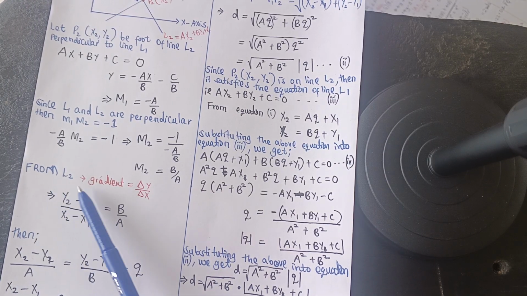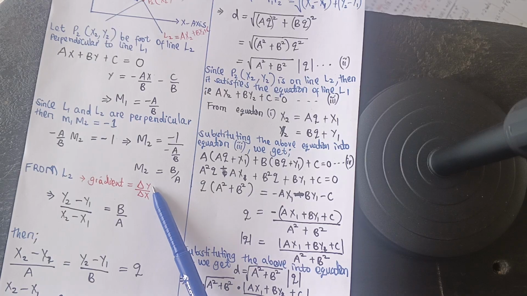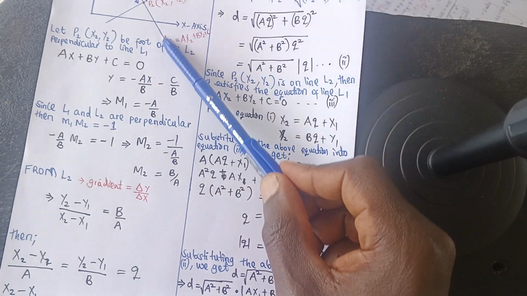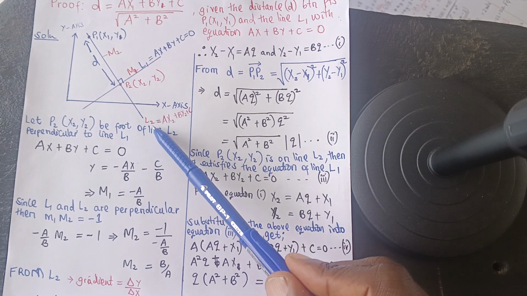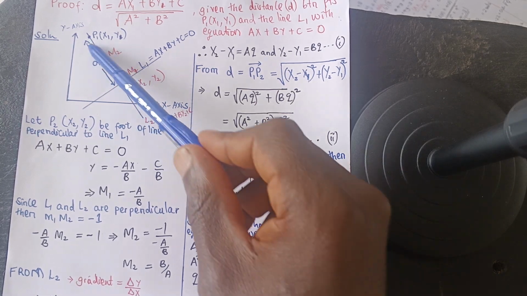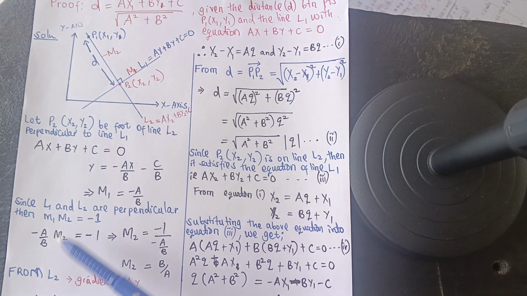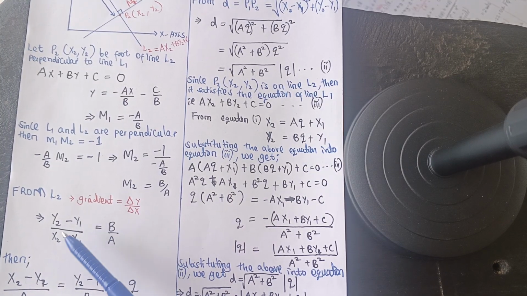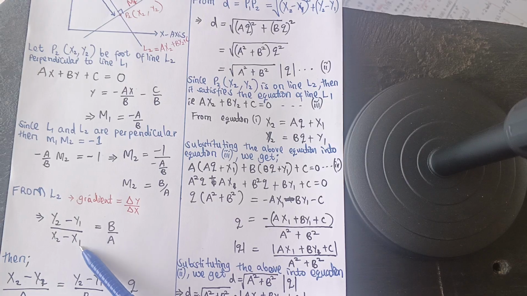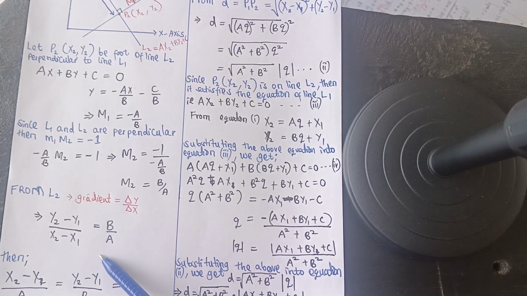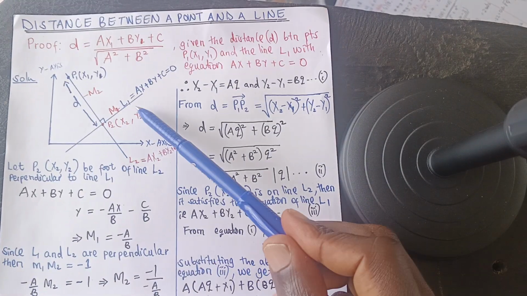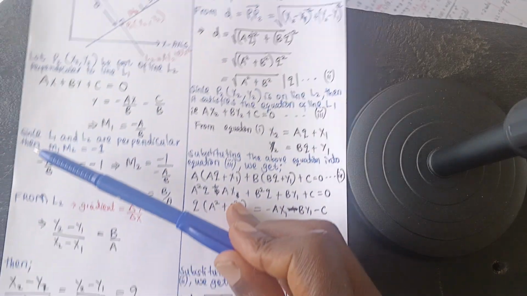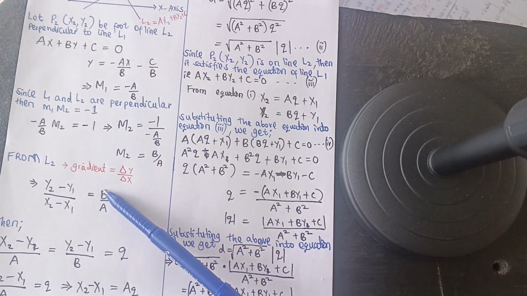From L2, the gradient is given by change in y over change in x. So we are going to determine the gradient of this line, the line L2. It is going to be y2 minus y1 divided by x2 minus x1, which is equal to b over a.